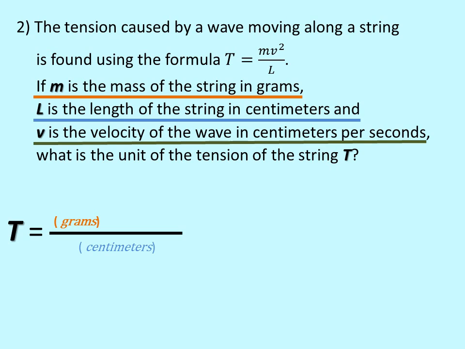Let's talk about V. V is the velocity. Another way of thinking about this, it's your rate, it's your speed, it's your velocity, okay, of the wave in centimeters per second. This is like miles per hour. Now, when you have the word per, that means you have a fraction.